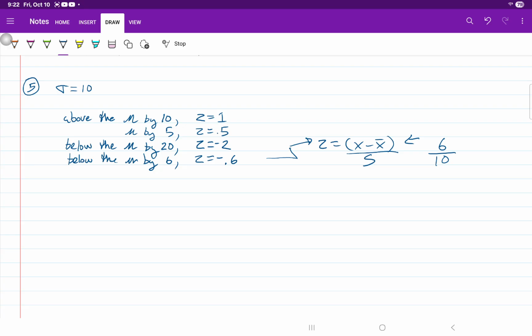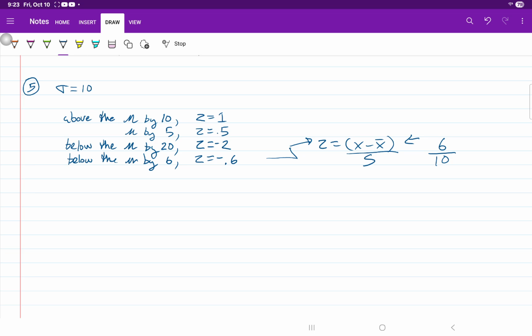And I hope that you'll understand that for many of these kinds of problems, at least the problems in the textbook and some of the problems I might give you on an exam, you really don't need to do any computation. You just look at it and see, okay, the standard deviation is 10. We're above the mean by 10. So we're above the mean by 1 unit of standard deviation.